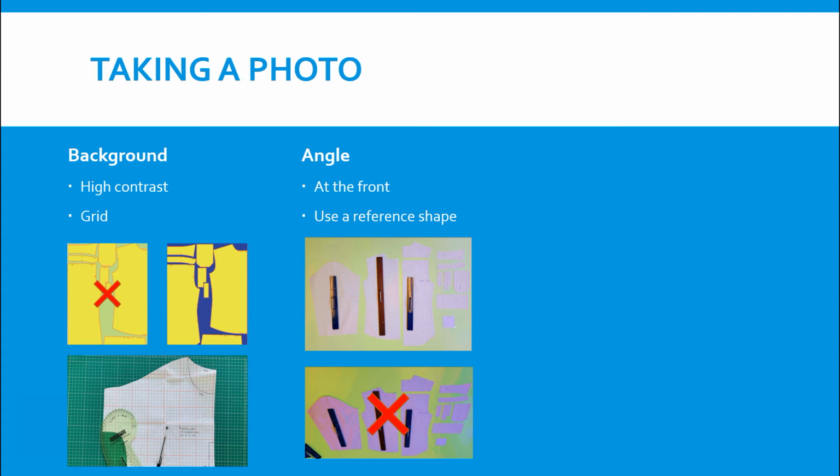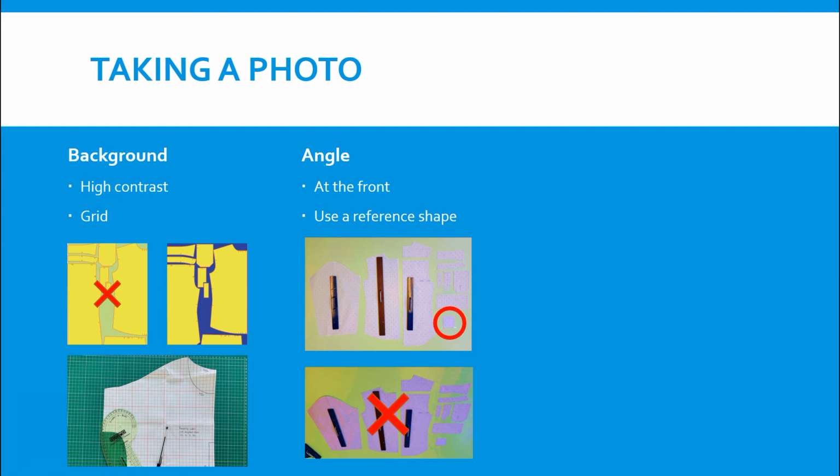To avoid this kind of error, I tend to use a reference shape. So if you look at the first picture, you can see there is a square shape. I have included this shape. This is not part of the garment pattern pieces. However, I use this square shape to avoid distortion when taking photo.